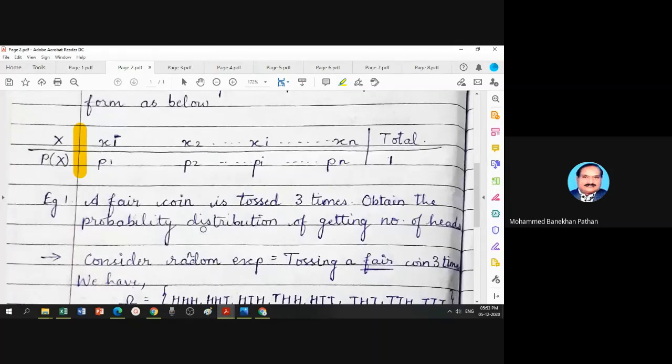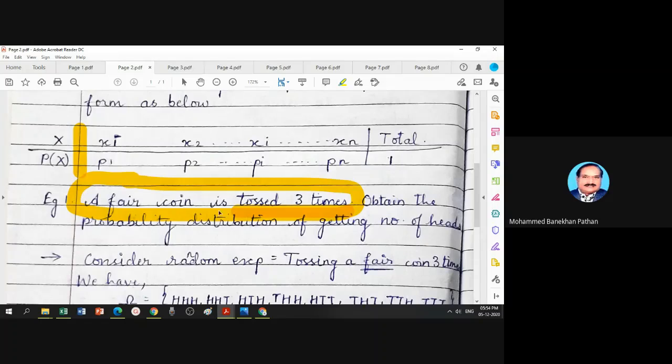Obtain the probability distribution of the number of heads. Now you can recall exactly the same problem I took in the previous chapter. So why is this repeated here? The answer to this question you will get when I solve this numerical example in this chapter. Otherwise, you have the answer in your notes from the previous class.